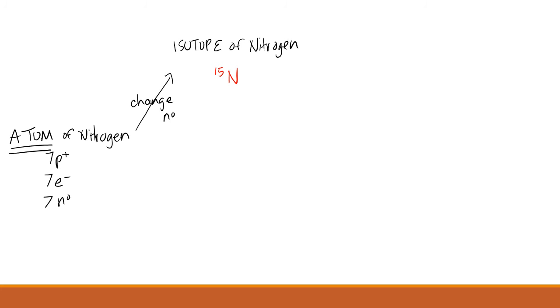So when I look on my periodic table, I still have 7 protons. I still have 7 electrons because there's no charge, but now I have a mass number of 15. So I have to figure out 7 plus what equals 15. So that means now I have 8 neutrons.